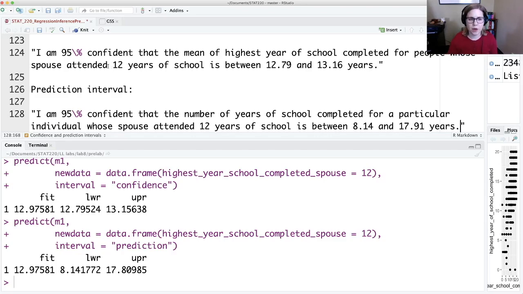But either way, we're putting in the spouse attended 12 years of school. So this is what makes it different than the kind of inference we were doing in section 9.1, which was just inference about a slope. Now we're doing inference about a predicted value, either the mean for that particular value or a particular value for that particular value.